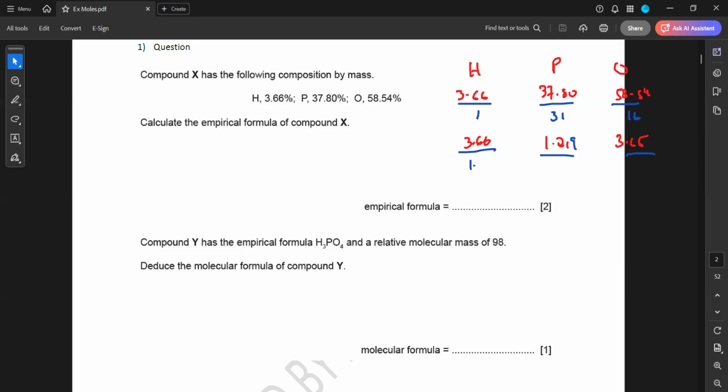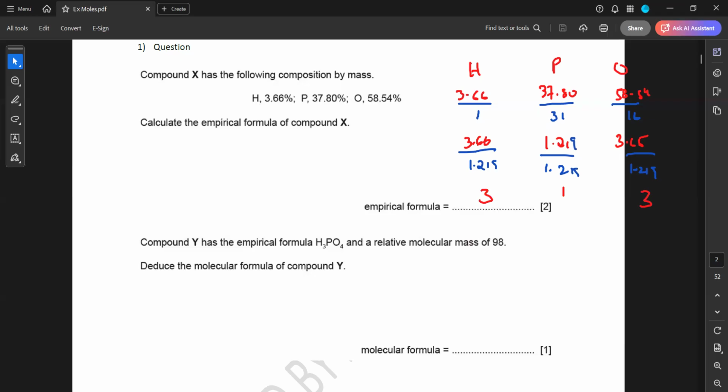So we divide all of them by 1.219. So 3.66 divided by 1.219 is approximately 3. This is equal to 1, and this is also approximately 3.